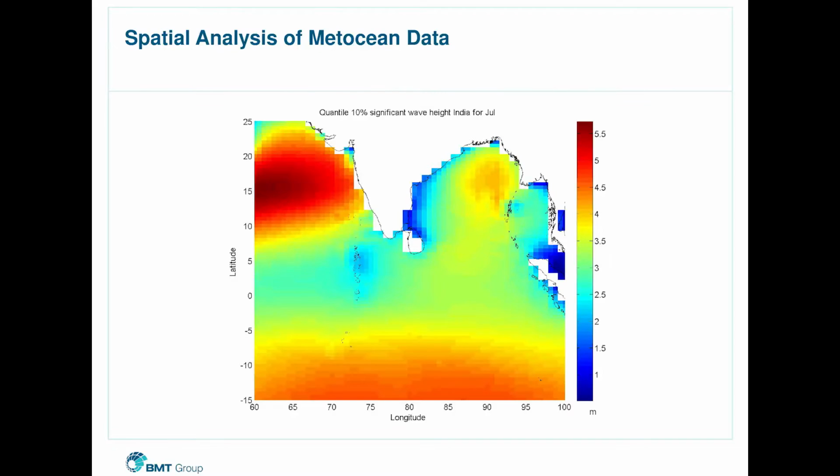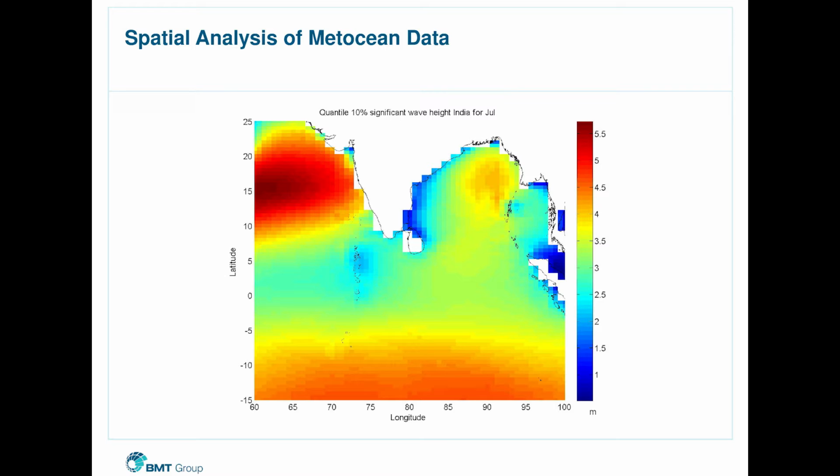And just a couple of slides to finish off, showing how if we've got these global long-term time histories, we can look both at an individual point and we can construct spatial statistics. So here we're looking at the 10% quantile significant wave height in the Indian Ocean for a particular month.